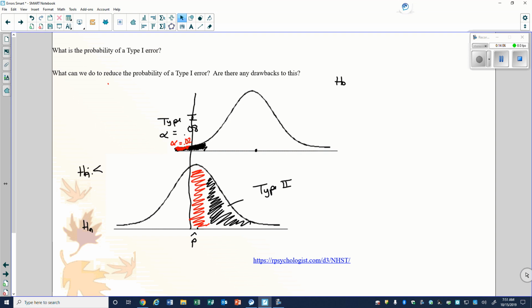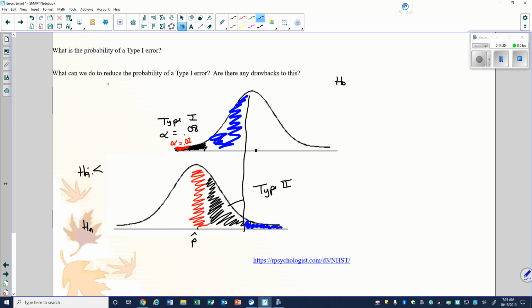So I could take this line and make my type 2 error smaller. So maybe I want to make sure that this area is the one that's really small. But in that case, that's going to increase my type 1. So we may want to increase alpha to 0.10 or 0.20 or whatever you want to do, okay?